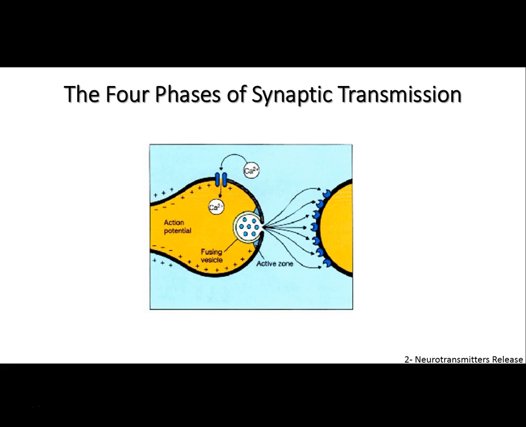Then, by mechanisms which are not yet clearly understood, the calcium ions cause the synaptic vesicles to fuse with the presynaptic membrane, and the transmitter is released into the synaptic cleft by the process of exocytosis. Each synaptic vesicle releases a fixed amount of neurotransmitter molecules. And that's pretty much for the release.